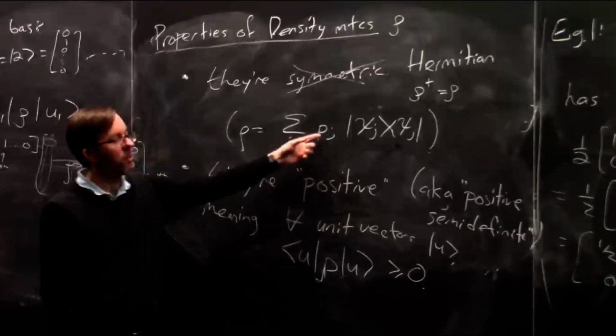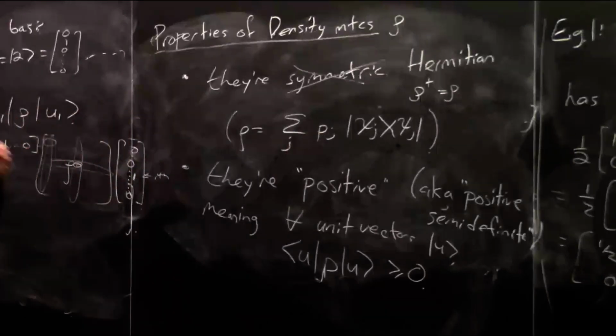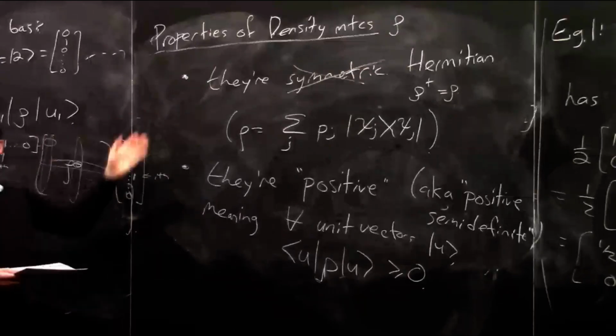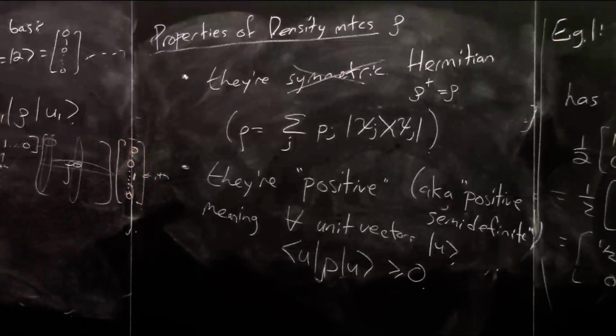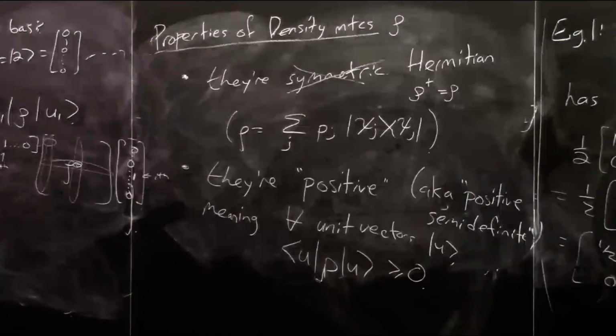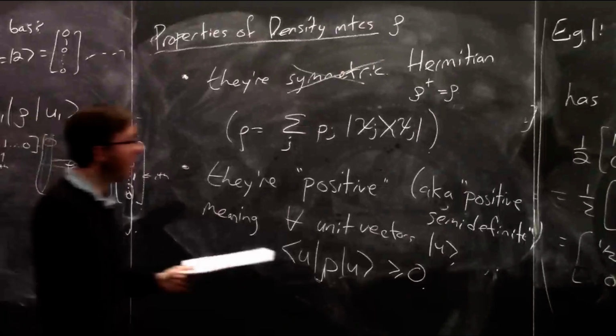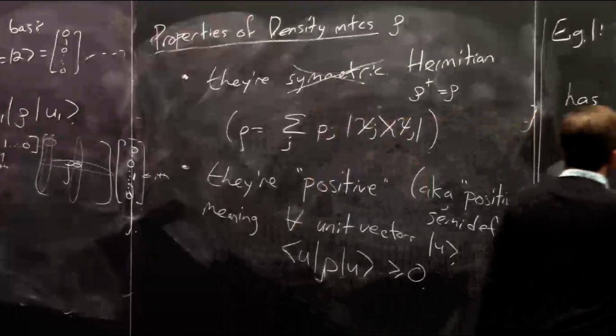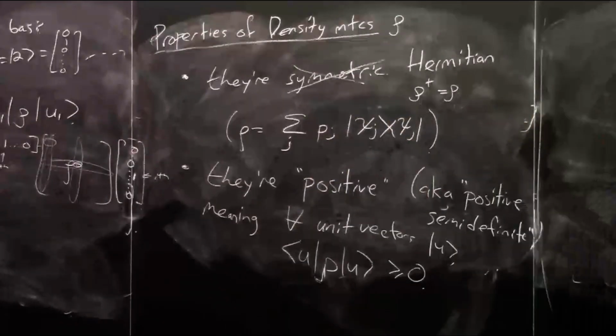Or you can easily check it from this as well. Why is that useful for us? Well, these are facts about density matrices. And I'm going to write down one more fact, and then I'll say these three properties actually characterize density matrices. So you'll be able to easily recognize whether a matrix is a density matrix for some mixed state or not.